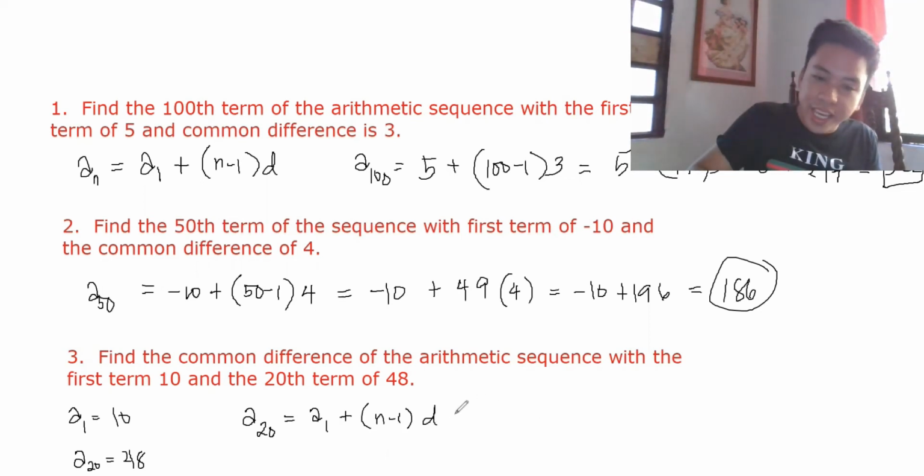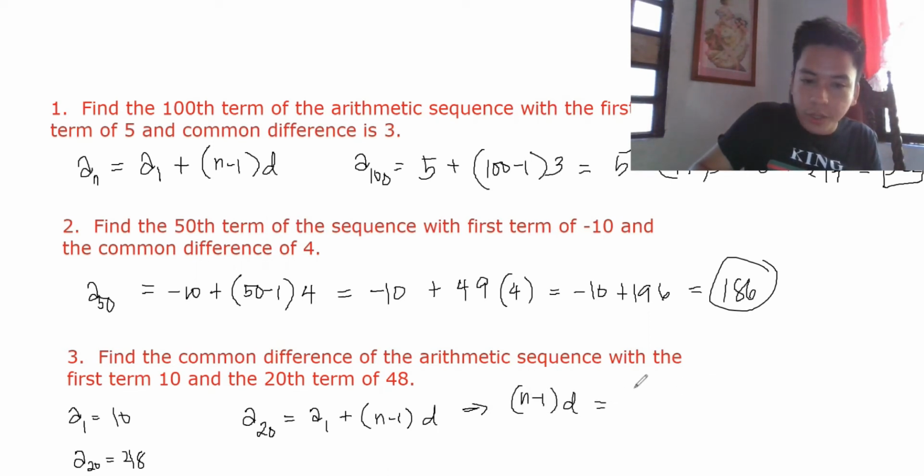So solving for d in this case, I'm gonna add both sides by negative a sub 1. So I have n minus 1 times d, that's equal to a20 minus a1.